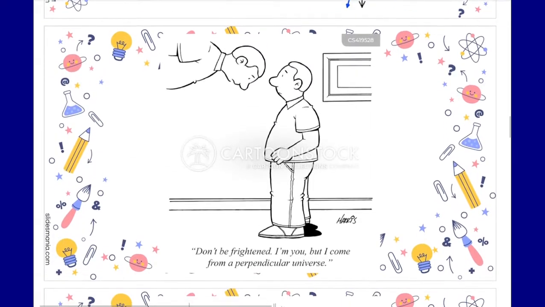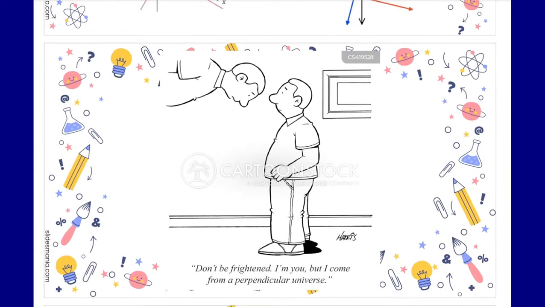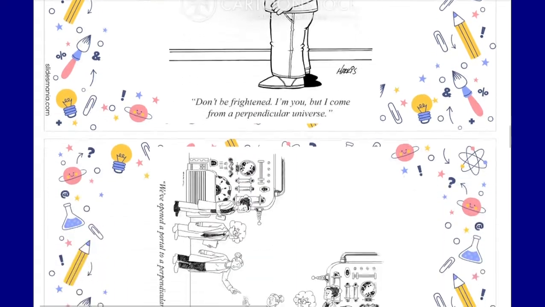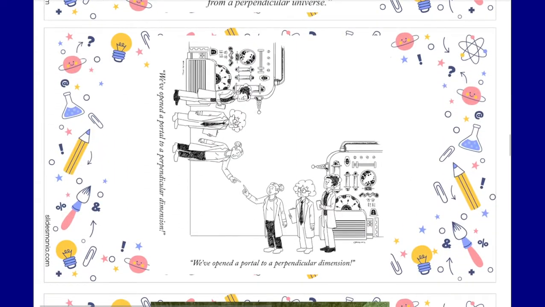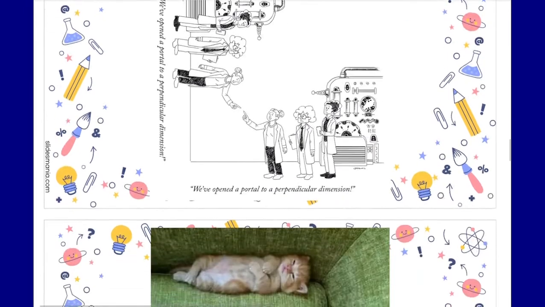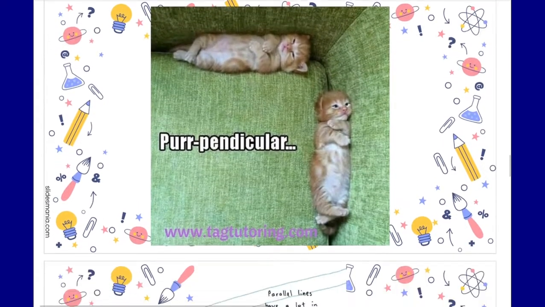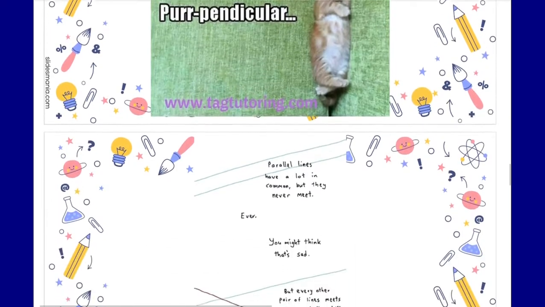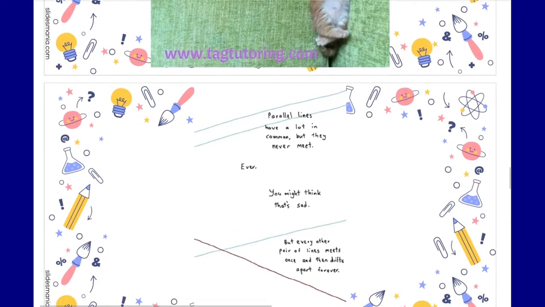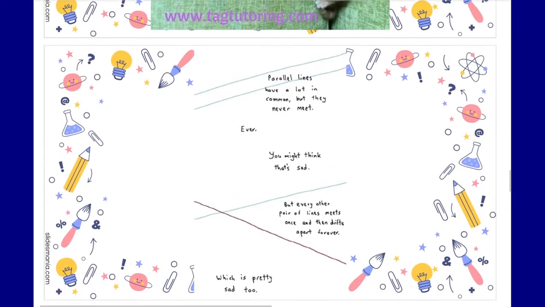Again, some cartoons on that. Don't be frightened. I'm you, but I come from a perpendicular universe. We've opened a portal to a perpendicular dimension, because obviously they're 90 degrees from each other. Perpendicular. You may have seen this before, it comes up sometimes when looking at parallel and perpendicular lines.